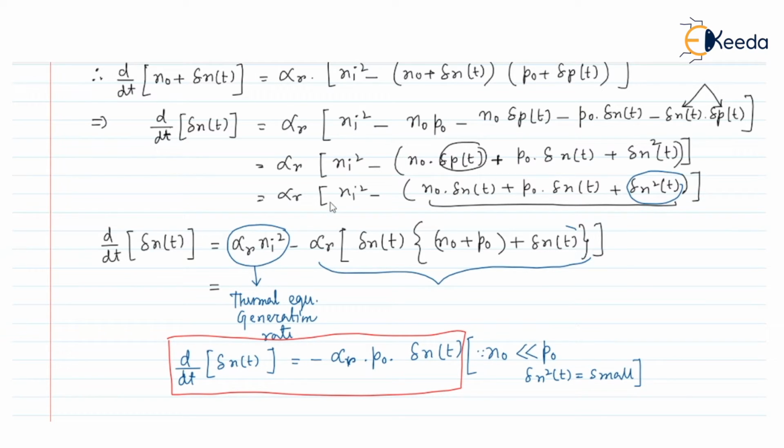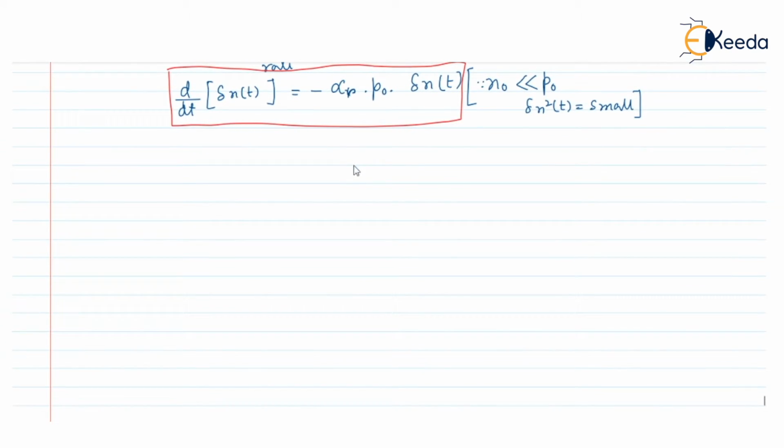Now from this equation, if I find the solution, and this is a first order derivative equation, so if we find the solution of this first order differential equation, then we can find that δn(t) is equal to δn at t equals 0 into e to the power minus αr p0 t.